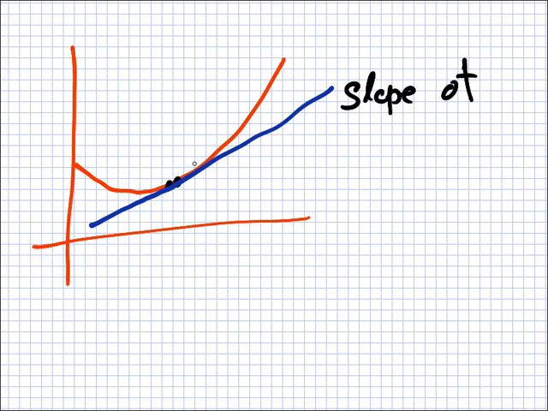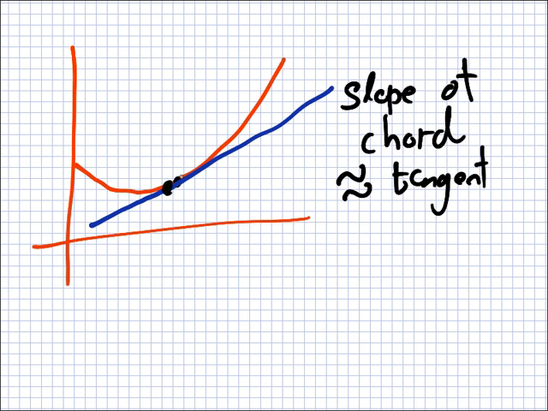Does anyone know its name? The almost tangent? The near tangent? The half tangent? What could it be? Yes, good, the slope of the chord, which is going to be nearly the slope of the tangent. We'll make the 2 points close together. And the symbol for the slope of the chord, does anyone know? It's this here. Delta y over delta x.